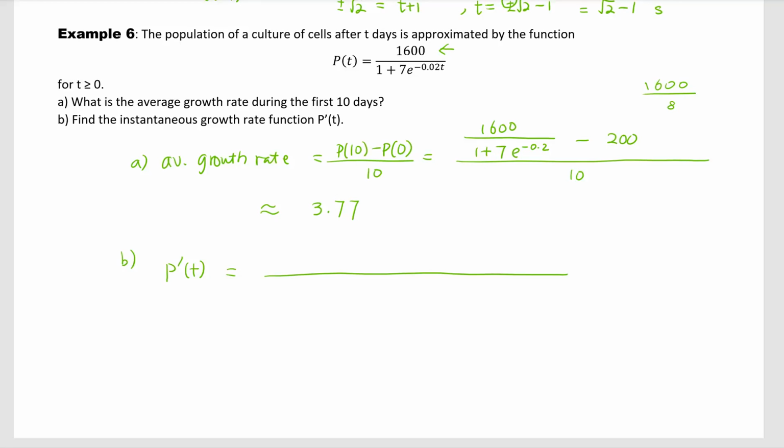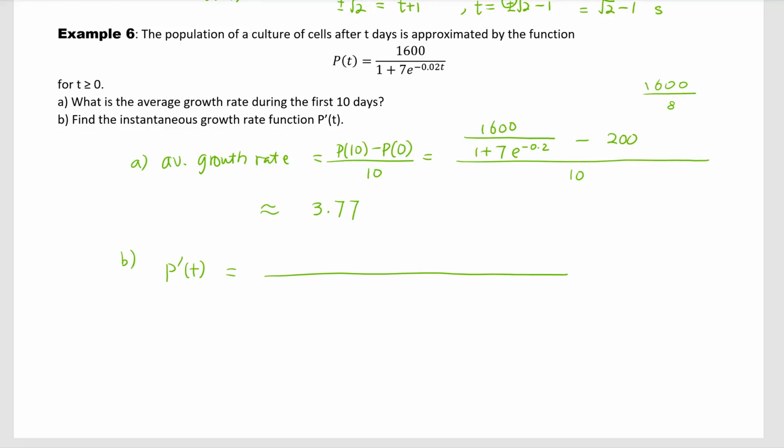So actually, later in the next session, after we learn the chain rule, this problem is better solved using the chain rule rather than the quotient rule. But I'm going to do the quotient rule, and then after the quotient rule, I'm going to do a chain rule, even though we haven't learned the chain rule. But I hope that after we learn the chain rule, you can go back and watch this example, and then you can get it, okay?